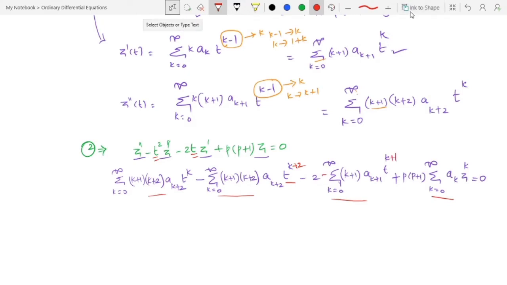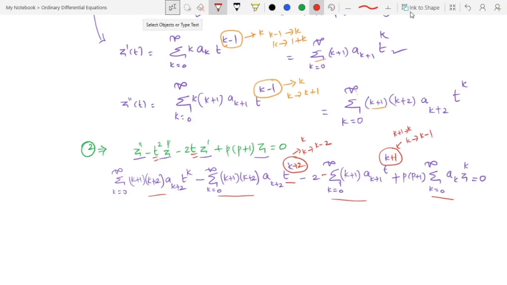After simplifying, here also we have to write power of t as k. For that, here we have to replace k plus 2 by k. That means k replaced by k minus 2. Look here, k plus 1 replaced by k. That is k replaced by k minus 1.